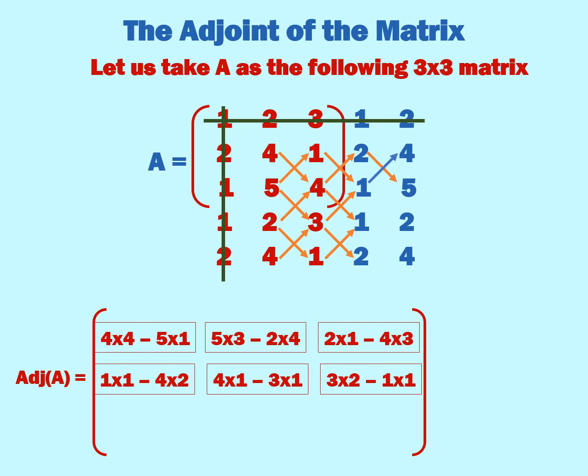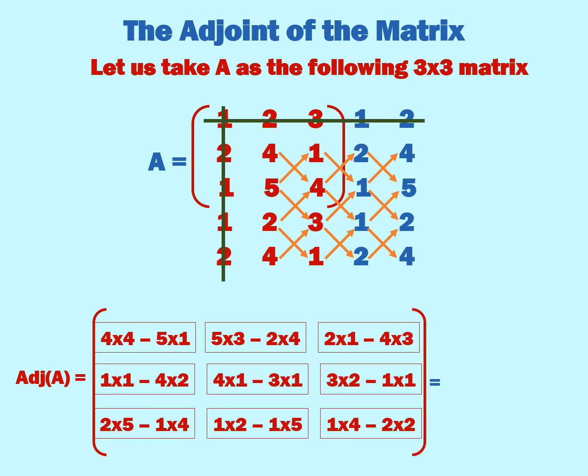Next, 2 into 5 minus 1 into 4, 1 into 2 minus 1 into 5, and 1 into 4 minus 2 into 2. Right, when we simplify these numbers, we will now end up with a 3 by 3 matrix, which is the adjoint of matrix A.